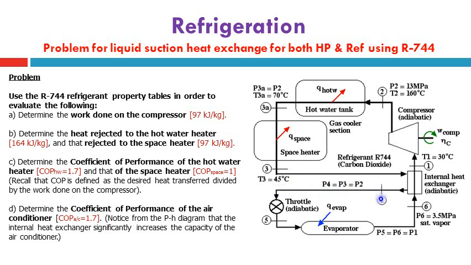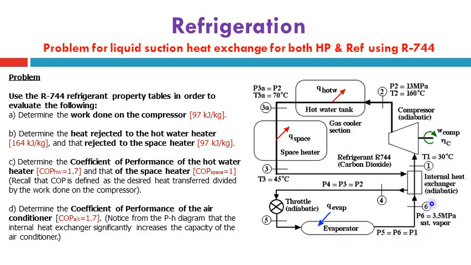After state 4, we will throttle adiabatically, at constant H, without heat removal or addition, to state number 5, and then go through the evaporator using a constant pressure process, such that P5 equals P6 equals P1.